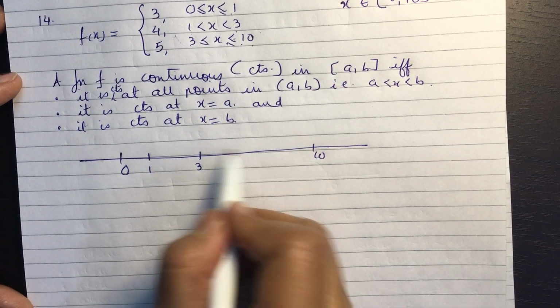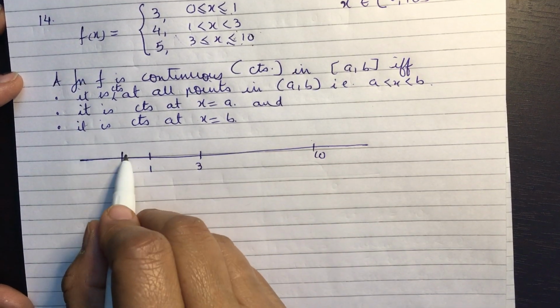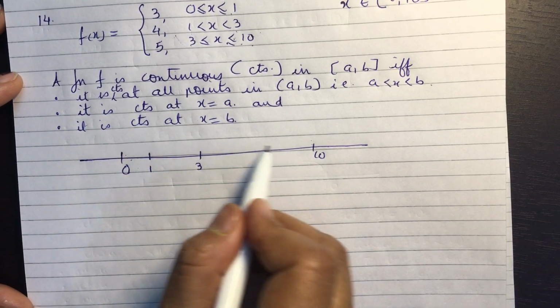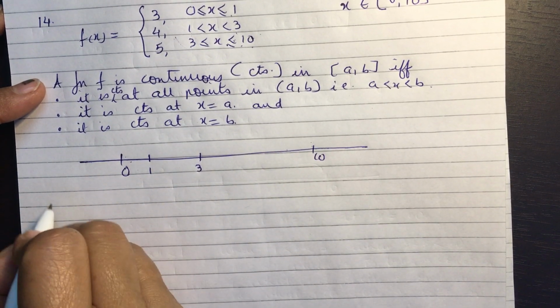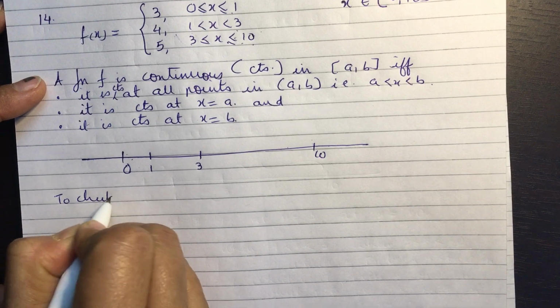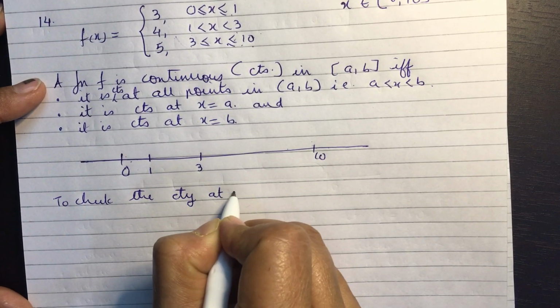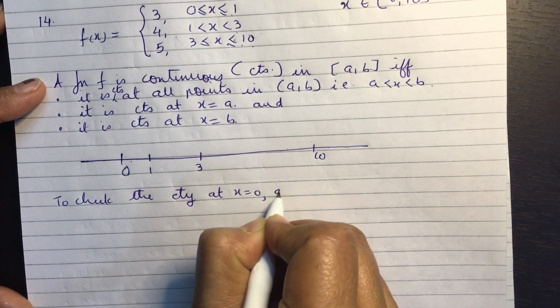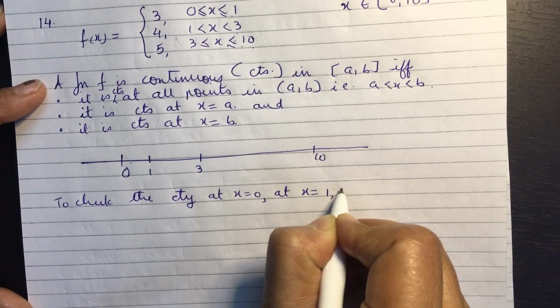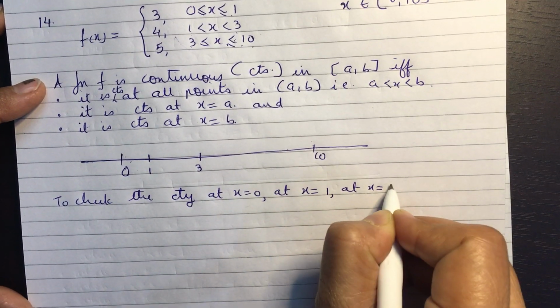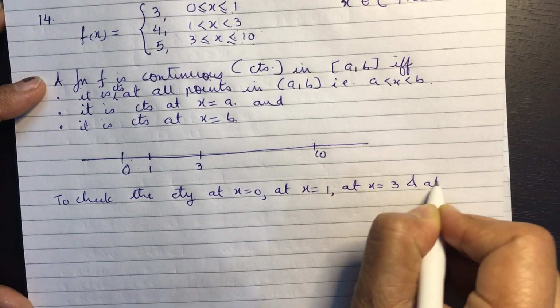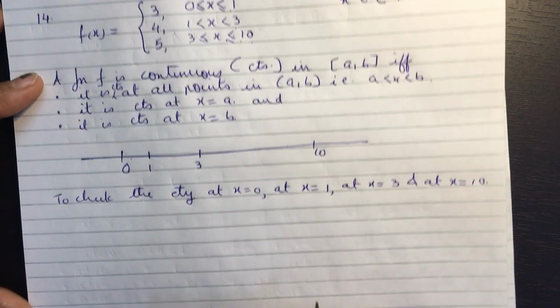So in order to check the continuity in the closed interval 0 to 10, we have to check the continuity at x equal to 0, at x equal to 1, at x equal to 3, and at x equal to 10.